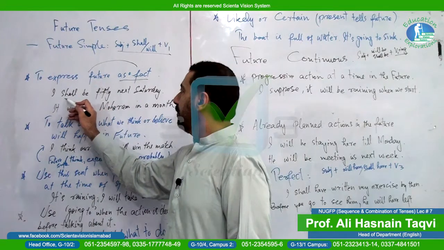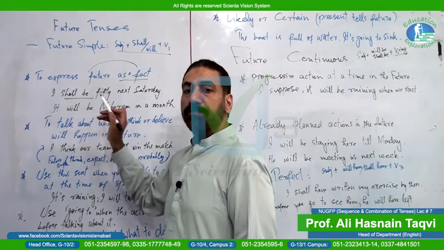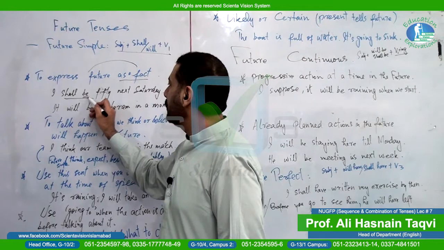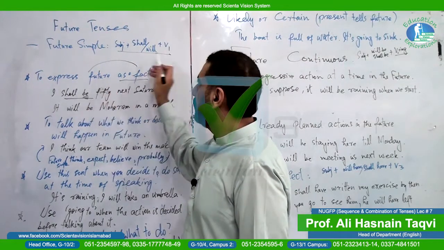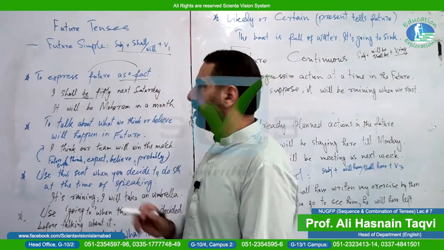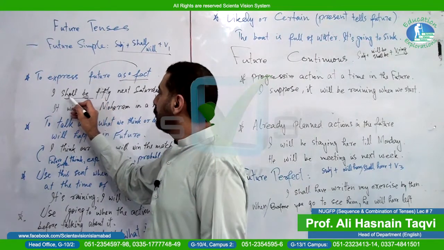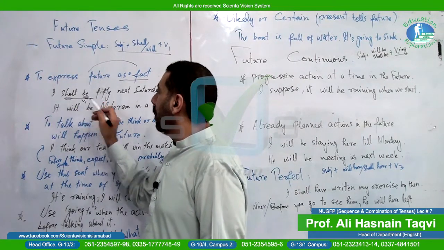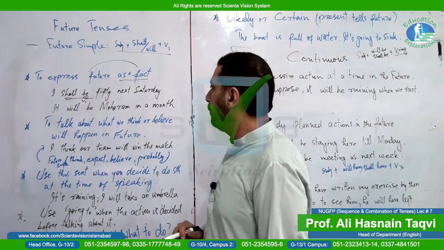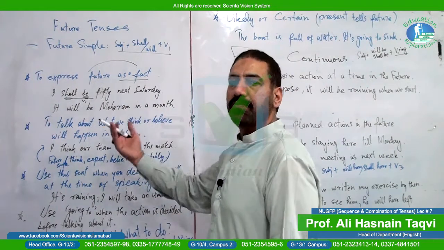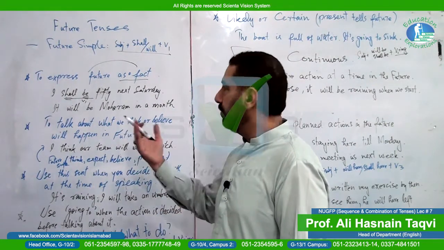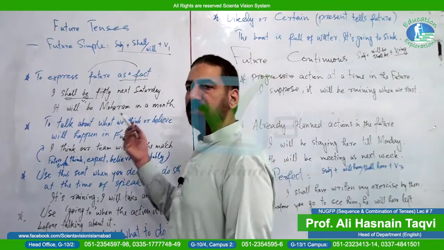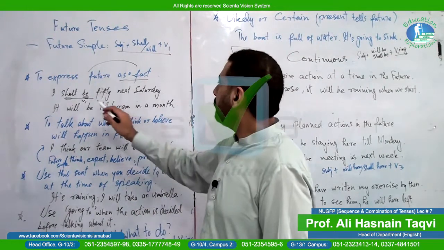For that, what am I doing? Using future simple. Don't confuse this be with continuous structure. It is actually use of shall and then V1, base form of verb. Is, am, are are present forms, was, were past form, and been its participial or perfect form.